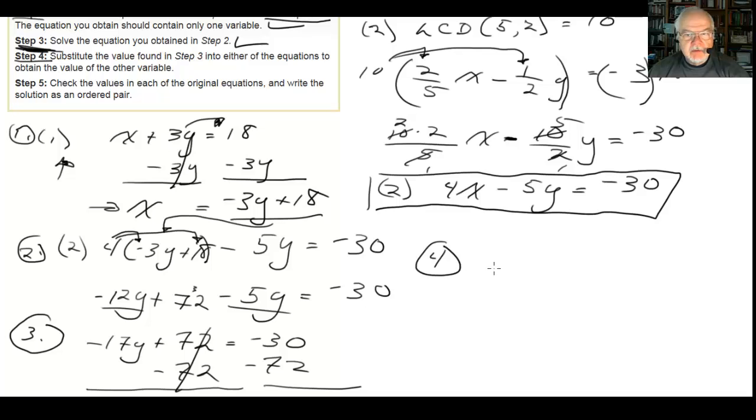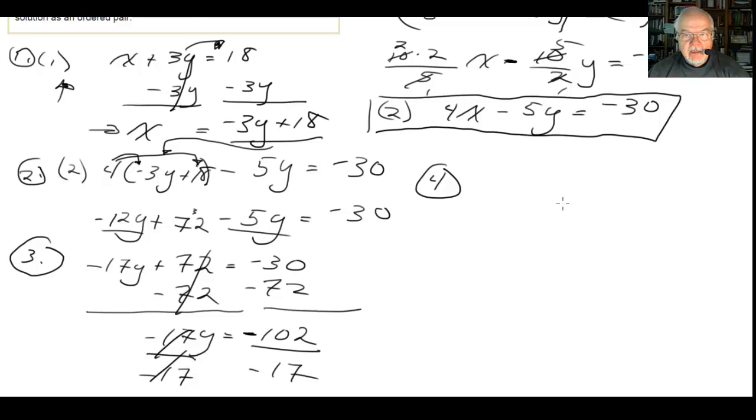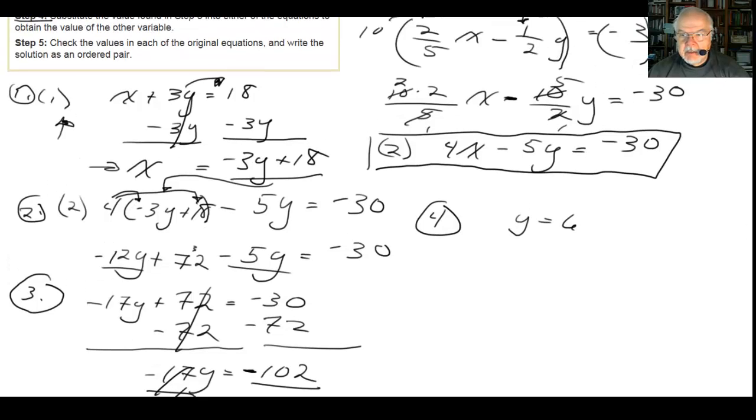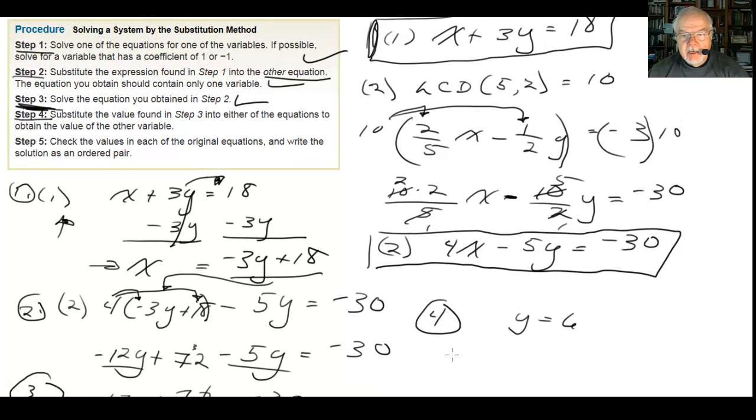Okay, so step 4. I want to substitute the value. What was the value again? The value is y equals 6. And I'm going to substitute that into equation 1. So I get x, this is equation 1, x plus 3 times, oops, it should be y, but let me put the 6 in there instead, equals 18.